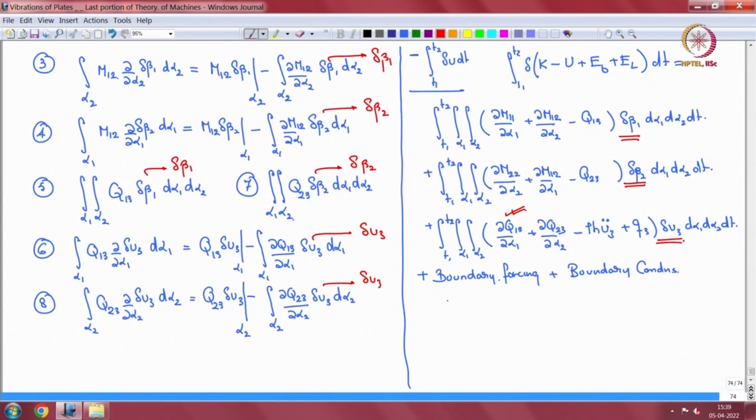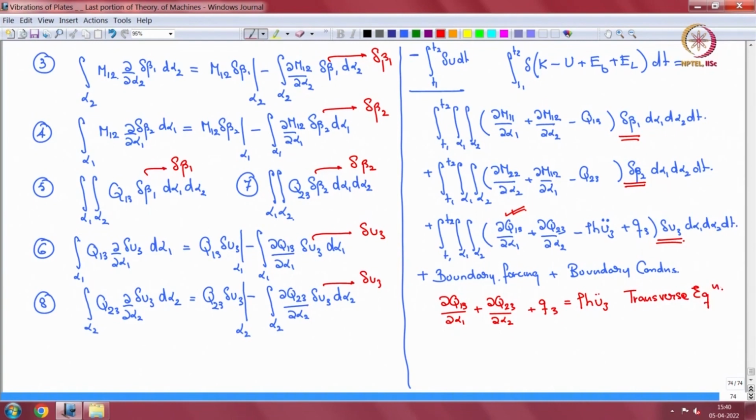So from here we get del q13 by del alpha 1 plus del q23 by del alpha 2 plus a q3 is equal to rho h u3 double dot. This is the transverse plate equation.